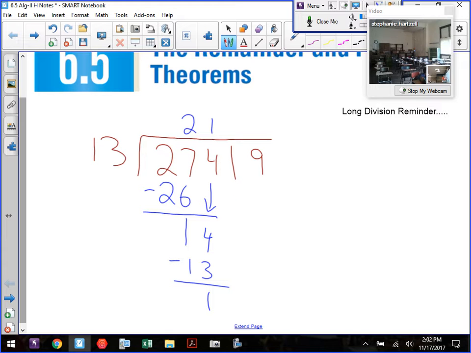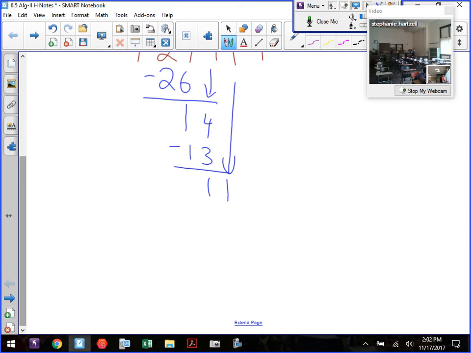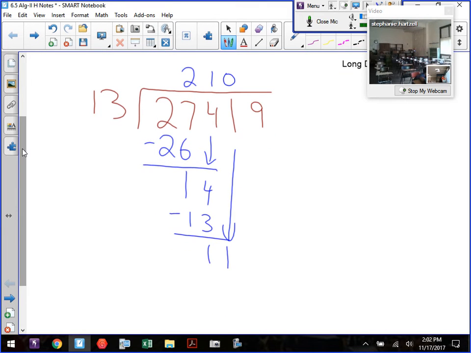Subtract it out, bring it down. Does 13 go into 11? No, it does not. So I put a 0 here, and I bring down the 9. Subtract it out, and we get 119.